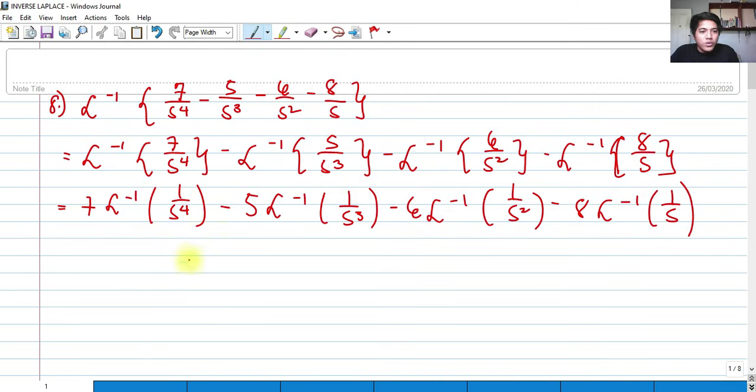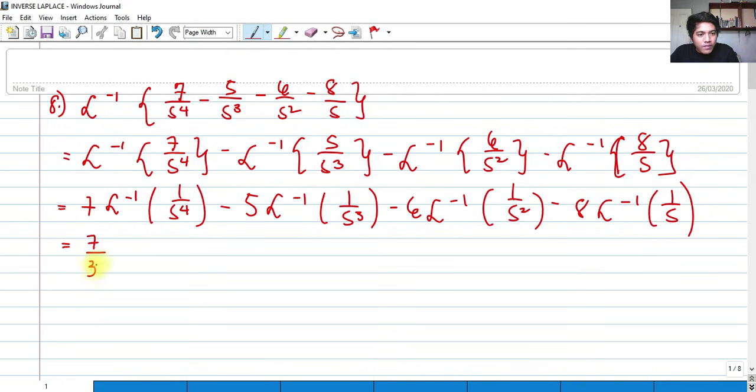So, this is s raised to 4, so we must have a 3 factorial here. This is s cubed, 2 factorial on the numerator, s squared, 1 factorial on the numerator, which is readily available here. Okay, so 1 over s, this is simply 1.